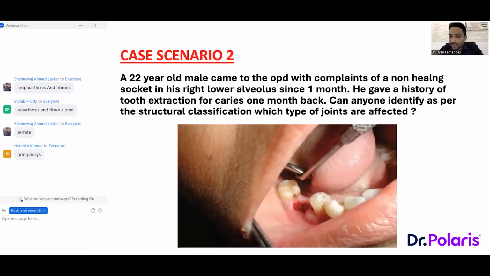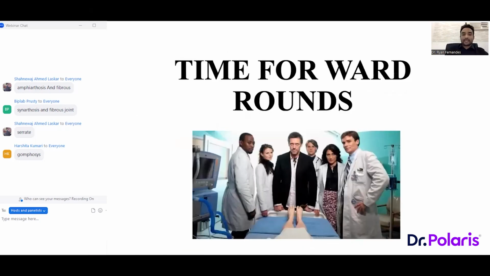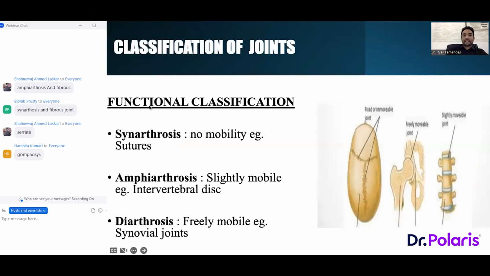If I ask you what is the functional type of joint here, what type of functional classification does this belong to? Of this joint, what functionally is it? Again, I go back to this. Is it synarthrosis, amphiarthrosis, diarthrosis?